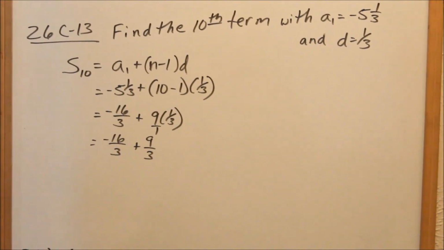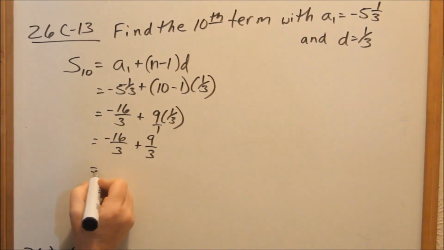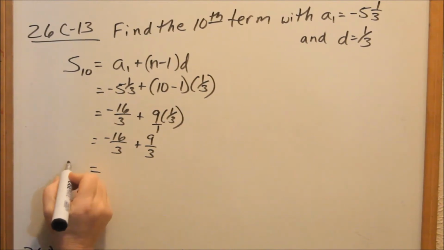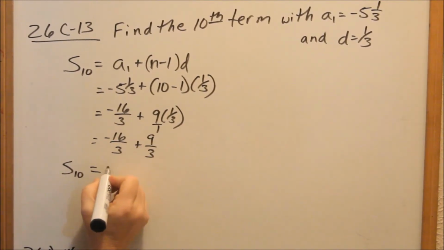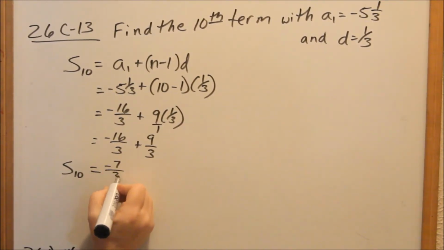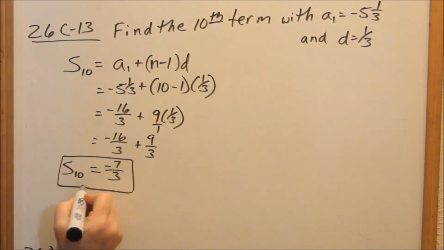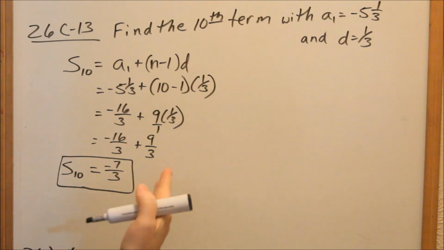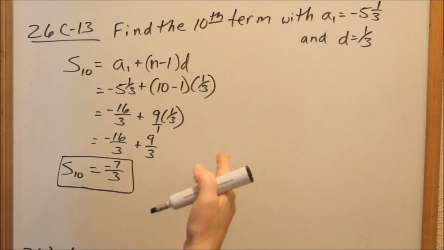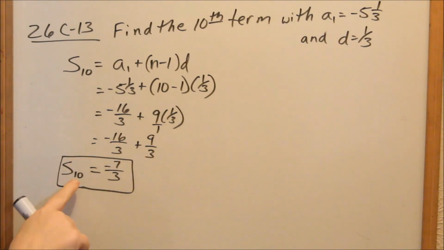So I'm just going to leave it as 9/3. Then the 10th term would be negative 7/3. So you can find the 10th term instead of writing out the first term, then finding the second term, third term, fourth term, fifth term. You have a formula to go straight to the 10th term.